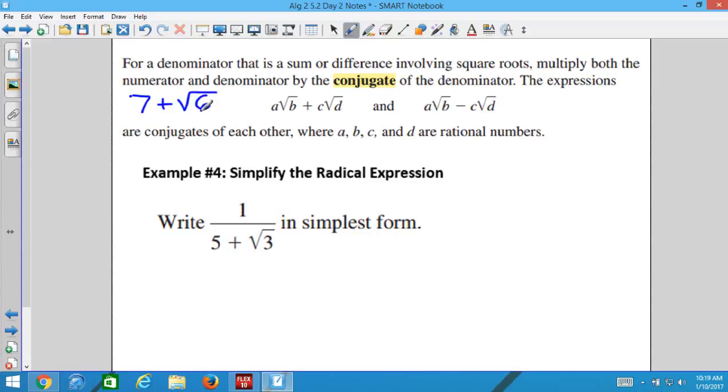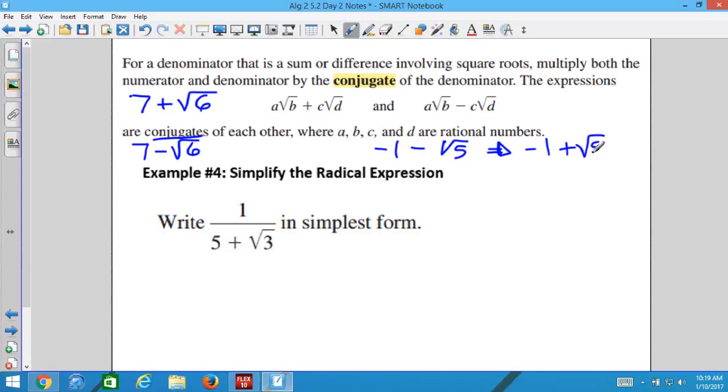You just take the center sign, 7 minus radical 6 would be the conjugate. Or maybe there's negative 1 minus radical 5. What would be the conjugate of this one? Negative 1 plus radical 5. It would still be negative 1, it would just be plus radical 5 instead. So it's only that middle sign that changes.